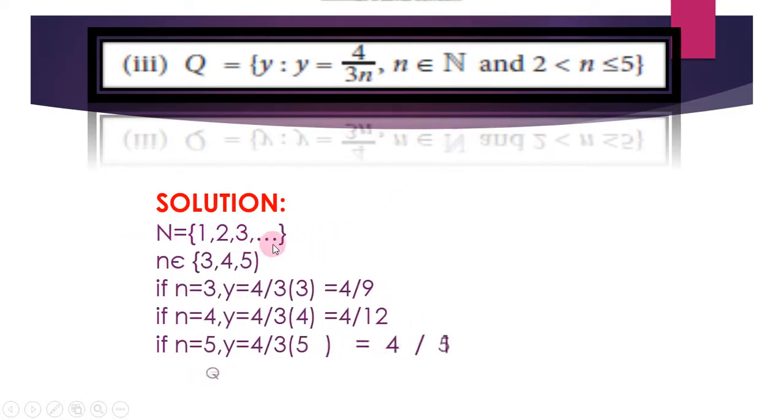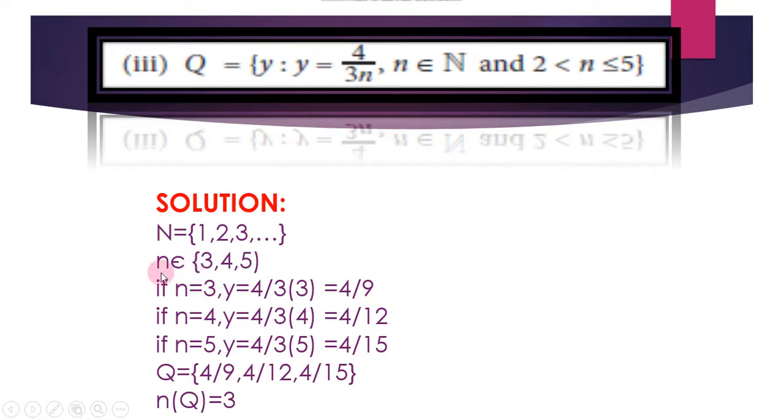N equal to 1, 2, 3 and so on, the set of all natural numbers, and small n is 3, 4, 5. When we apply n equal to 3 in y equal to 4 by 3n, we will get 4 by 9. If n equal to 4, y equal to 4 by 3 into 4, that is 4 by 12.